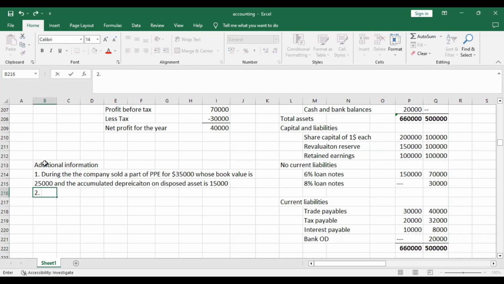Point number two. During the year, the company revalued the asset.